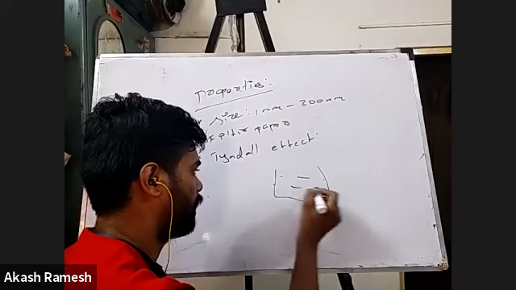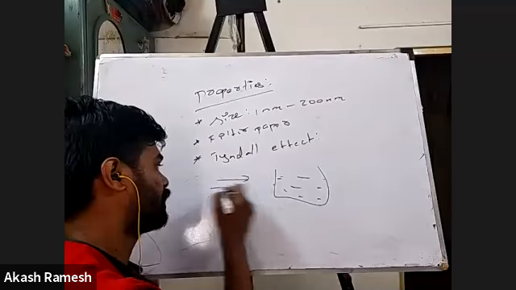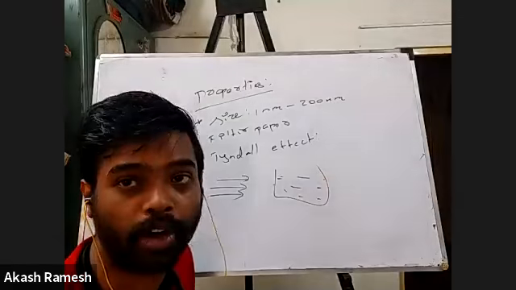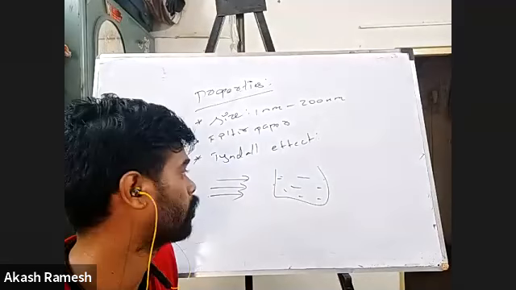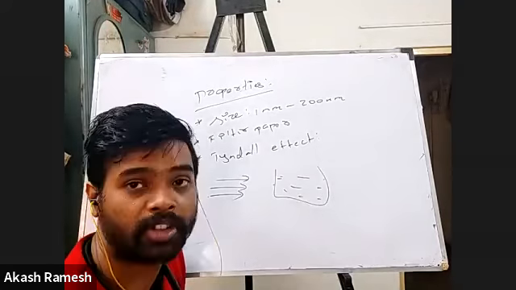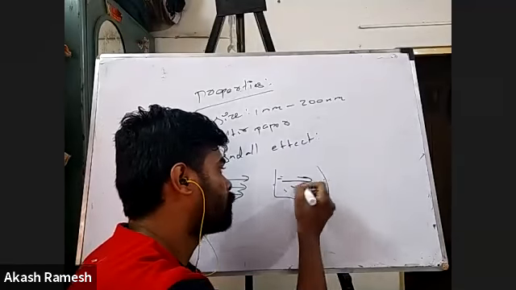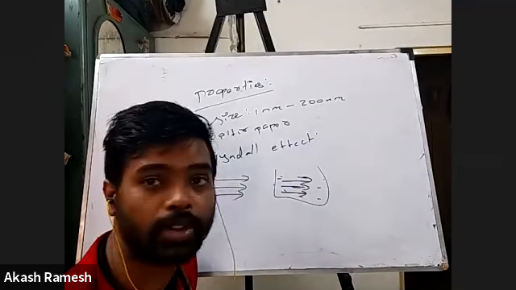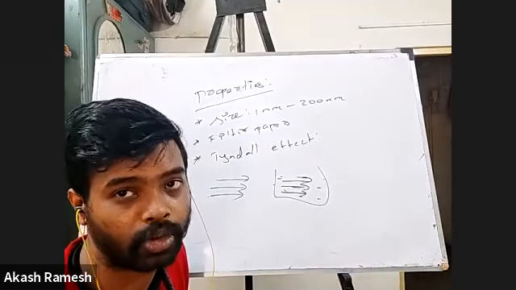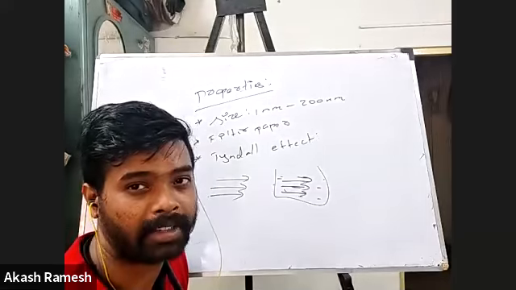Say I have something in a beaker, and some light rays fall onto it. Depending on what is inside the beaker, if you are able to see the light rays passing through it, that is what is called the Tyndall effect.